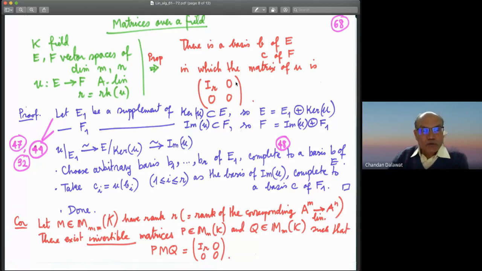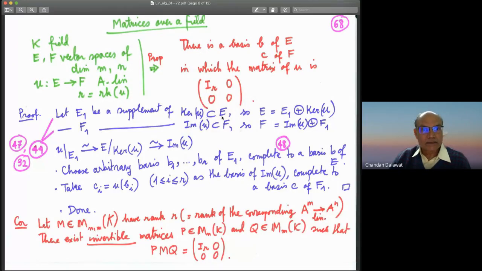Now, how do I prove this statement? This proof is easy. Everybody should be able to understand it. And it uses many of the things which we have covered, many of the properties of vector spaces that we have established. So I have this linear map U. It has a kernel and it has an image.